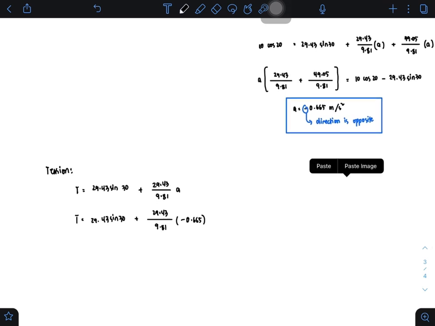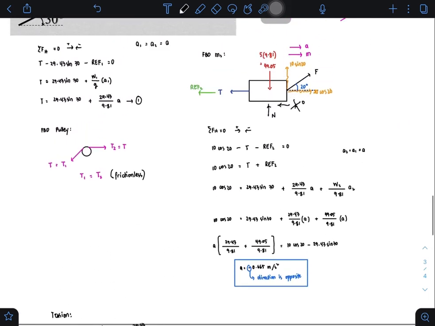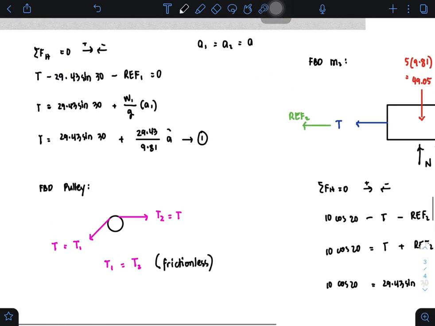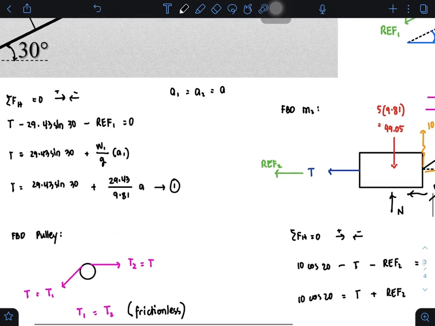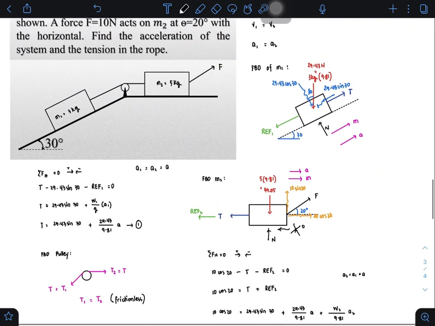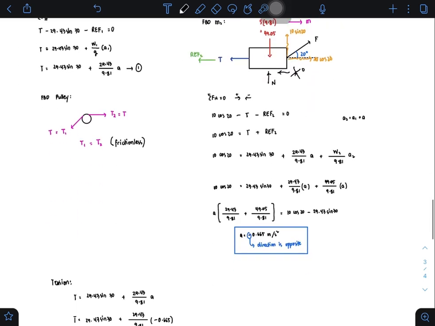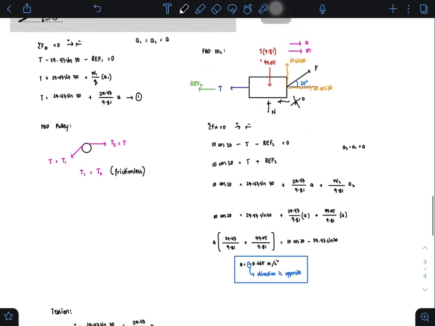The reason the answer is negative is that this acceleration was obtained from an assumption that it's going to the right. Since we obtained a negative answer, this must be corrected.